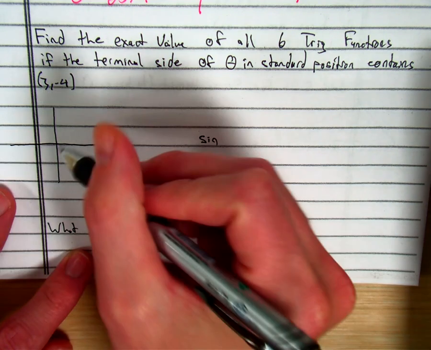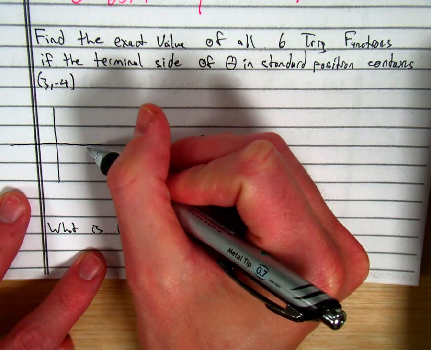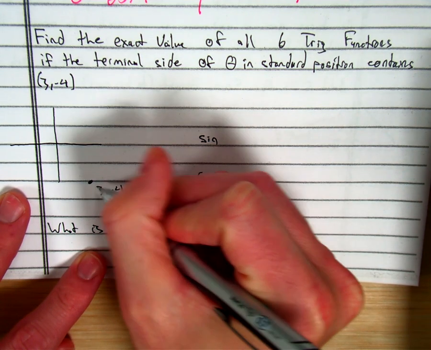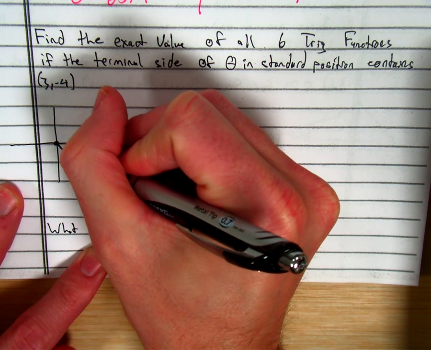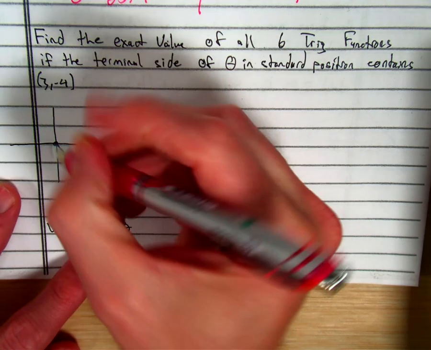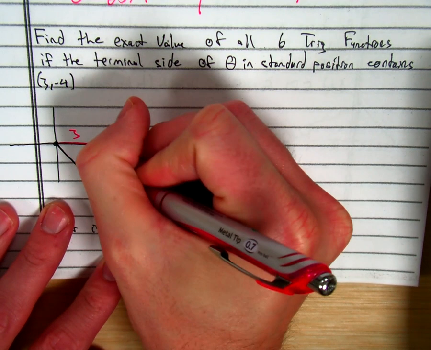3, negative 4. Just roughly sketch it out, over 3, down 4. And we're going to draw a line segment from the origin to that point. Okay? Now we went over 3 and down 4.